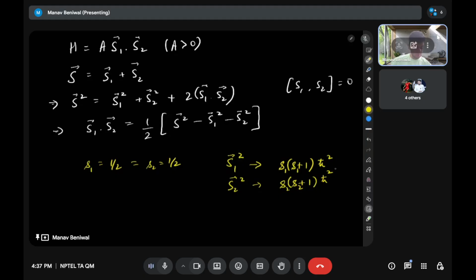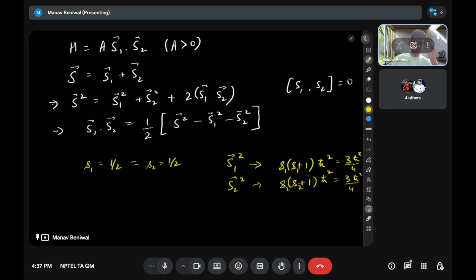If we plug in half and 3 by 2, this gives us 3 by 4 h cut squared, and S2 squared also gives us 3 by 4 h cut squared.